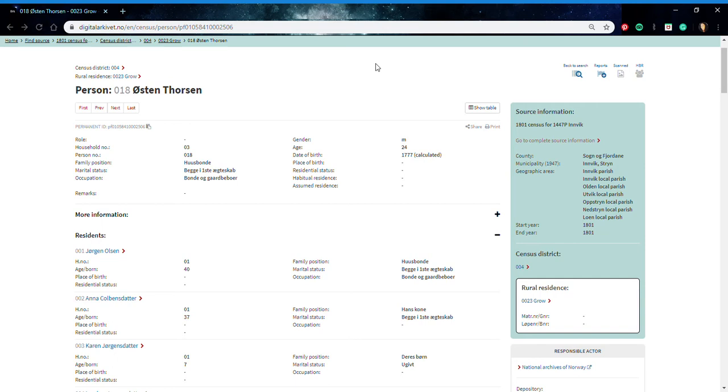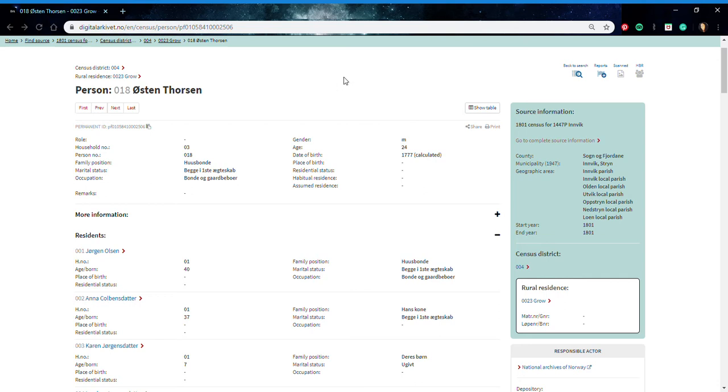So a relative asked me about finding Synnøve Østensdatter's parents, specifically the mother, and we know that she's born around 1816.